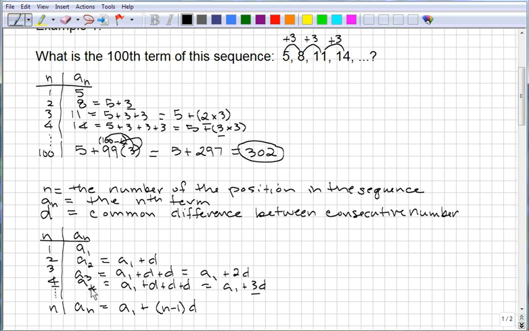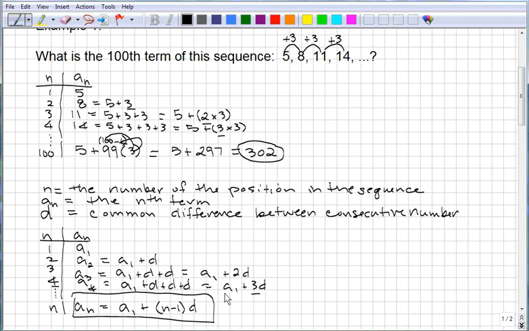So for the fourth term, we've added d 3 times. For the third term, we've added d 2 times. If you look at the 68th term, it's going to be 67 times d plus the first number. So here we have a general formula for the nth term in the list.